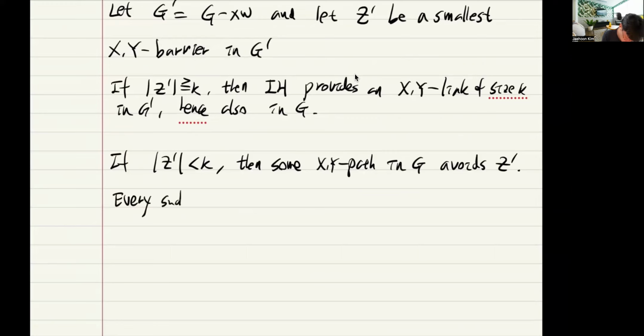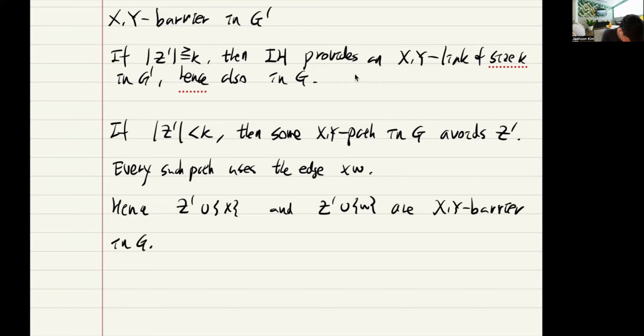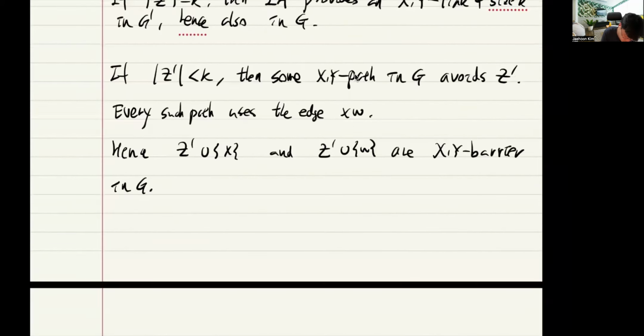That means every such path uses the edge xW. Hence, G prime union with x and G prime union with W are both XY barriers in G. But what do we know? Both of them have size at most K.